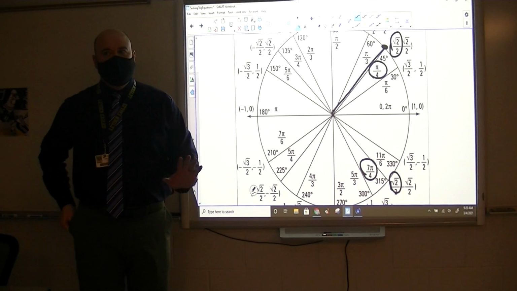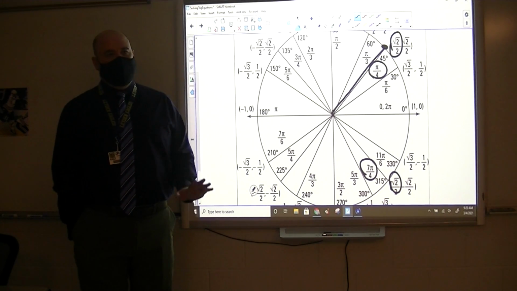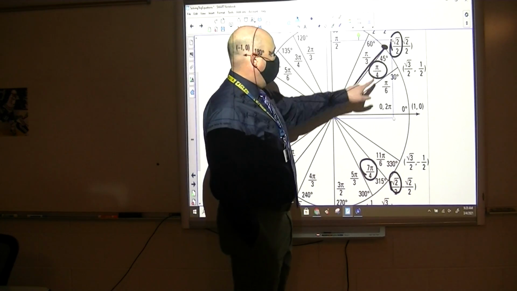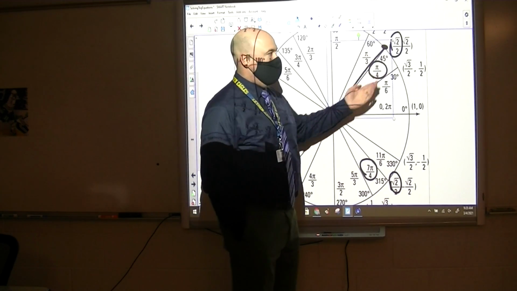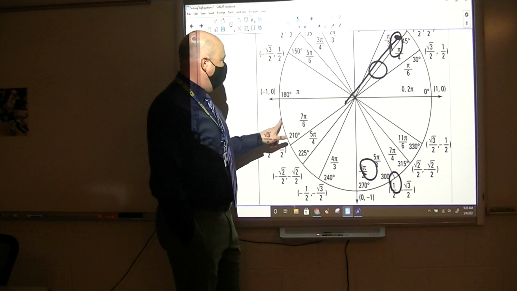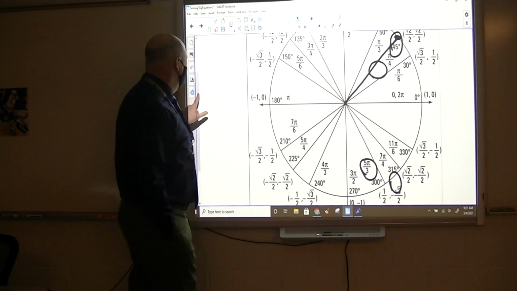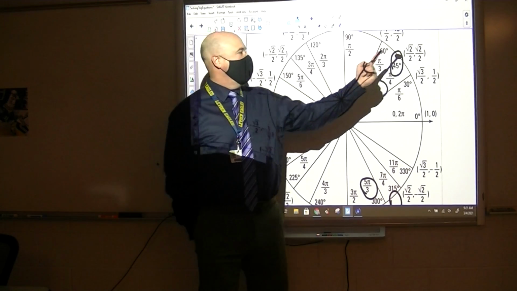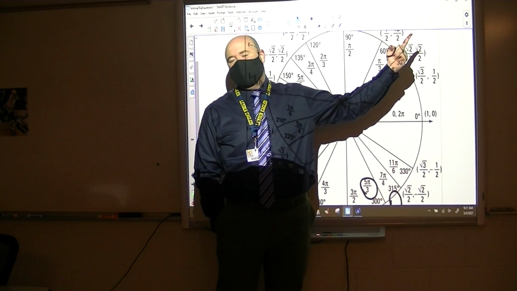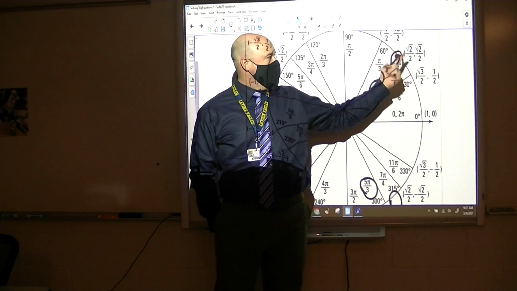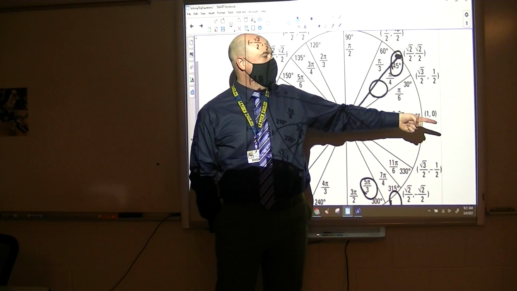Okay, so I don't want to make this too complicated, but I am going to explain it real quick. This angle that's at pi over 4 has an infinite number of coterminal angles. Like we can get to this spot by going like this.